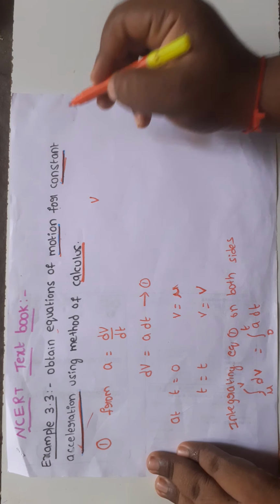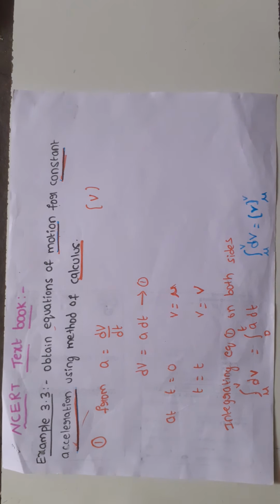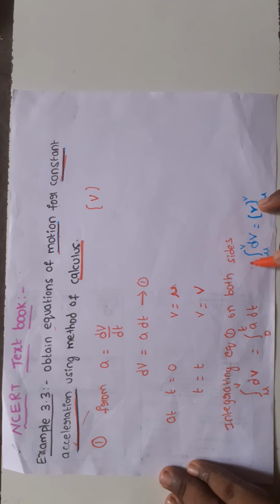And the formula: integral of dv equal to v. Suppose integral of dx equal to x. Suppose integral of dt equal to t. Here u and v are the limits.